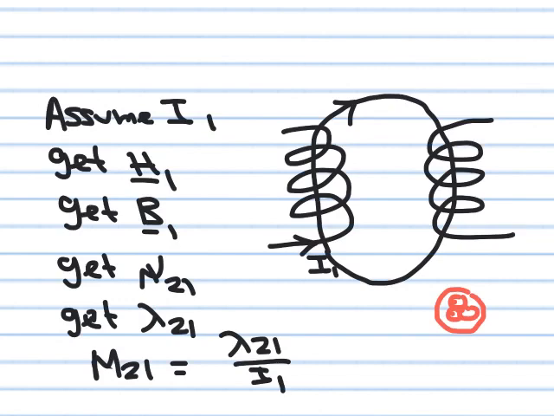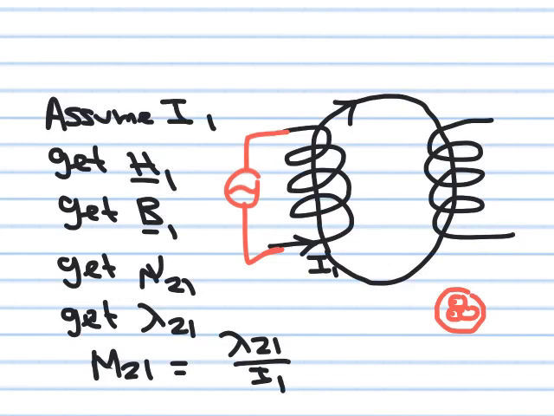The reason we need to calculate that is that if you connect on this side an AC source, a source that's varying with time, the current I1 will also be varying with time. H1 will be varying with time, B1 will be varying with time, psi will be varying with time, and lambda 21 will be varying with time.